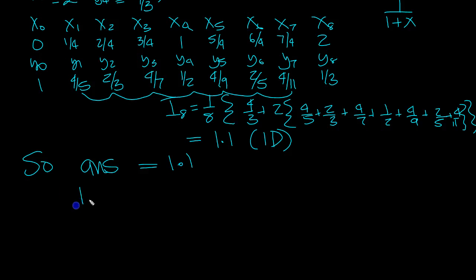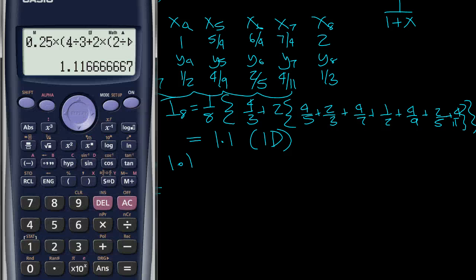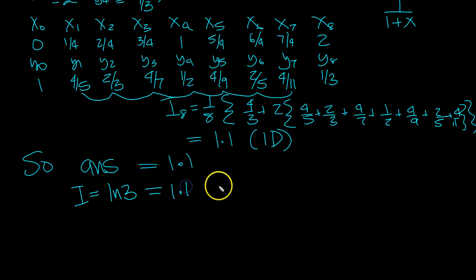So I is equal to ln 3, which equals, so we got that. So what do we do now? Log 3, natural logarithm of 3 equals 1.1, and that's to 1 decimal place, so we are correct.